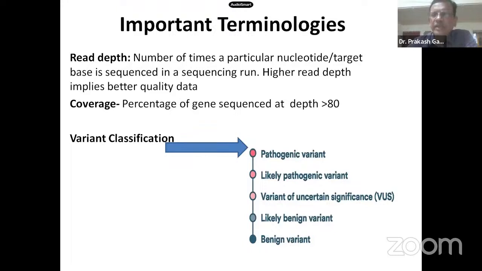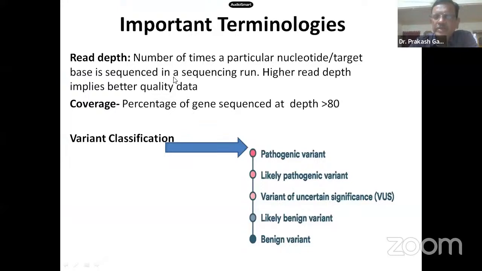And the three terms that you must know, the first is the read depth. Obviously, this sequencing goes on occurring because, as I said, it's a reaction. So how many times that sequence is being read gives you the fidelity of the particular change that you are getting.